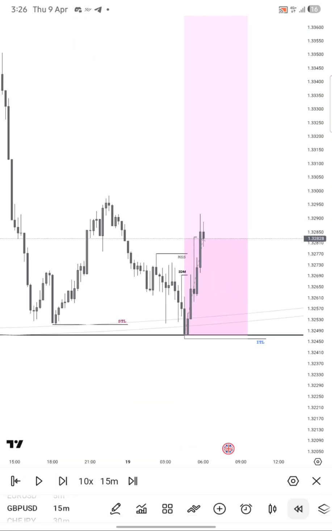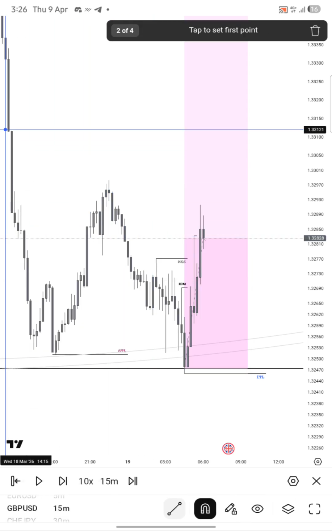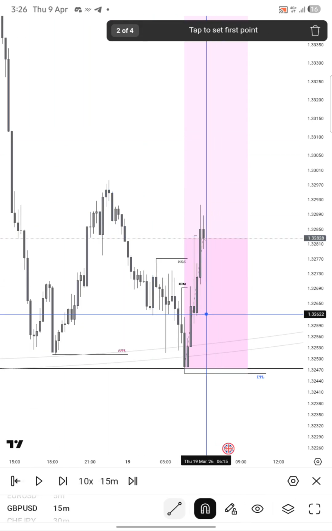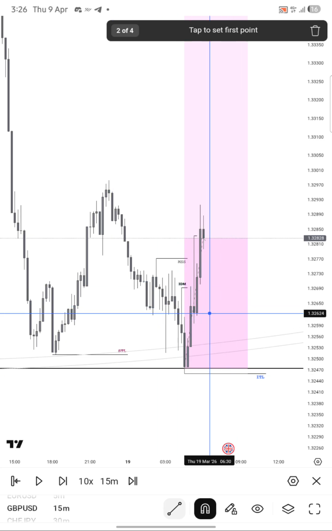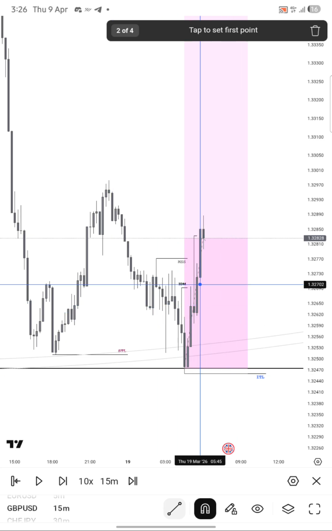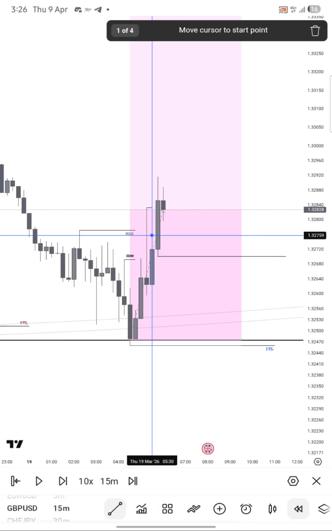When price clears out sell side liquidity after taking out this high and filling this fair value gap, it must finish the sell side liquidity for a 15-minute time frame. So we have this liquidity right here and a sponsored zone right here.